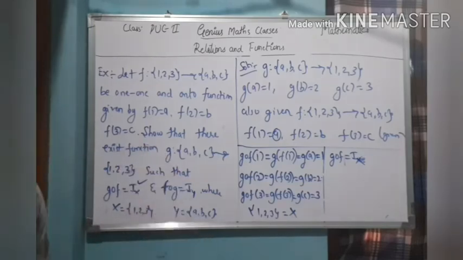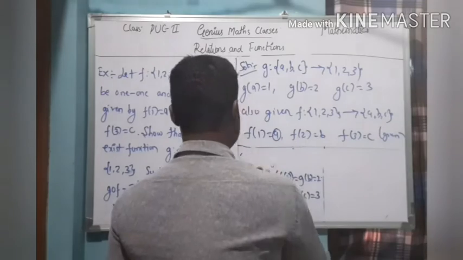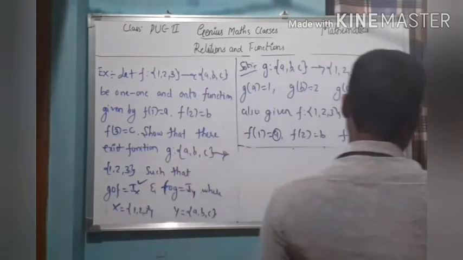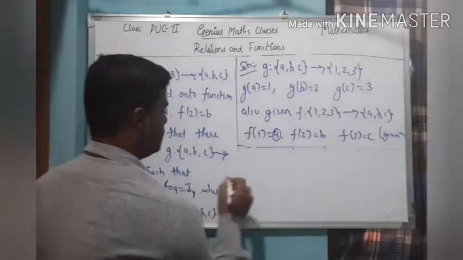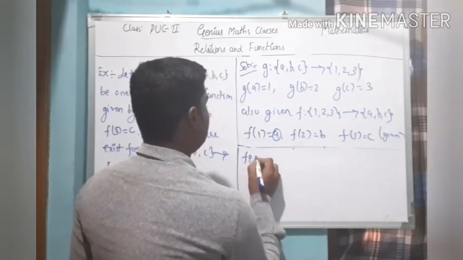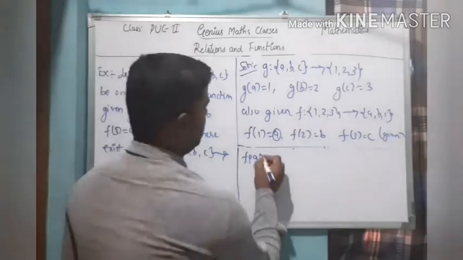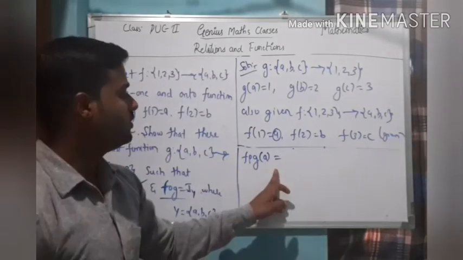Similarly, we have to prove f naught of g. g has the images a, b, c. Therefore, f naught of g of a.